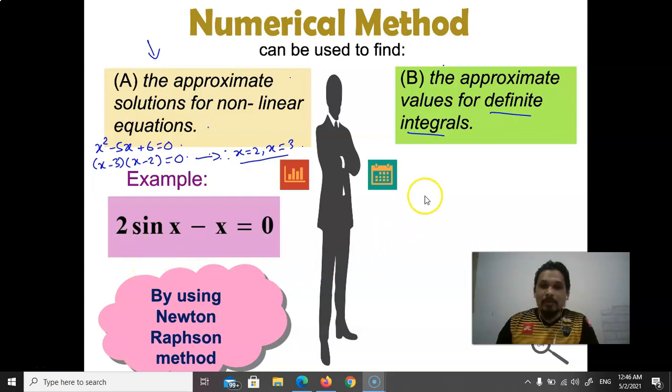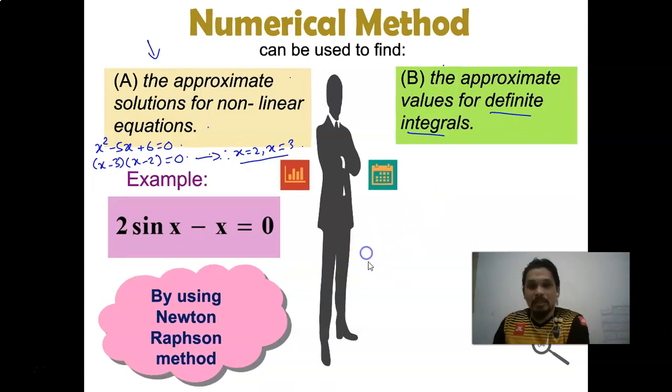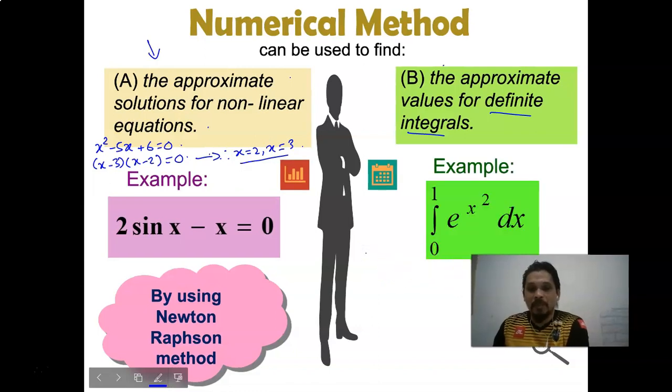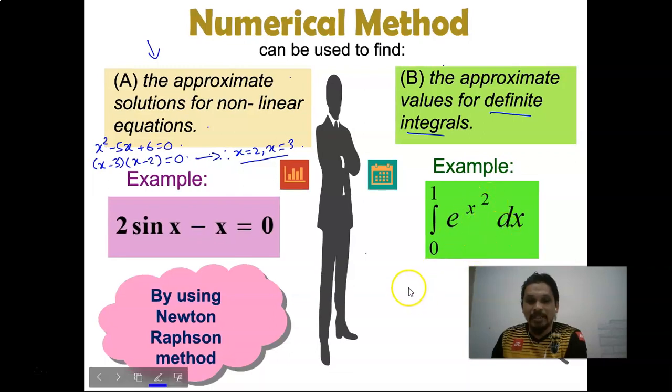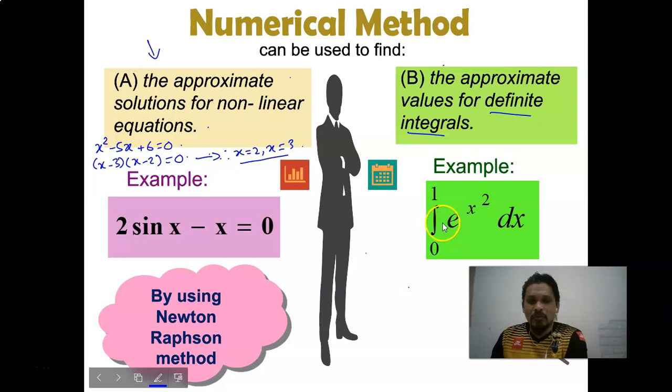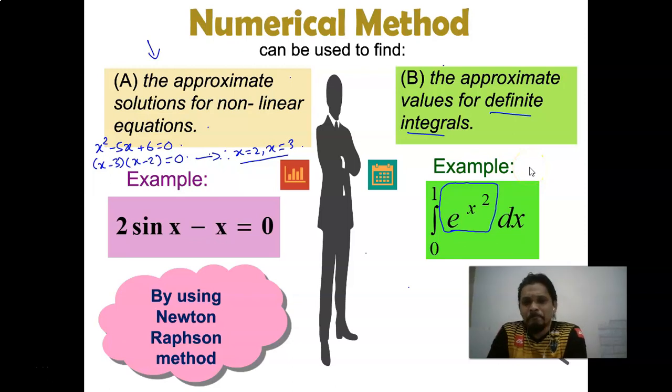And also for example B here, the integral of e power of x squared dx. In this case we just think of how we are going to solve this. We cannot use integration by parts. We can't use substitution or the other methods that we learned previously in chapter 2.